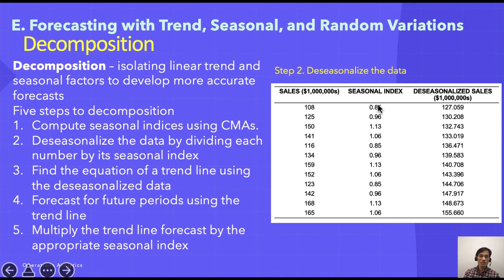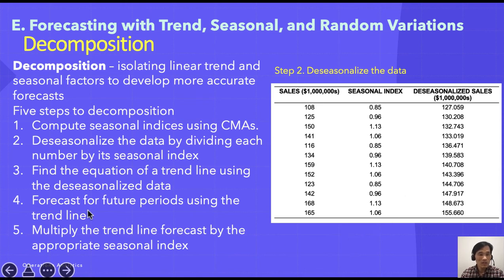That's created there. So the seasonal index is created and inserted there. That just deseasonalizes the data. And to do that, what you do is divide your quarterly sales data by this seasonal index. So 108 divided by 0.85 gives you 127. 125 divided by 0.96 gives you 130, and so forth. So you are able to create deseasonalized sales data in step 2.